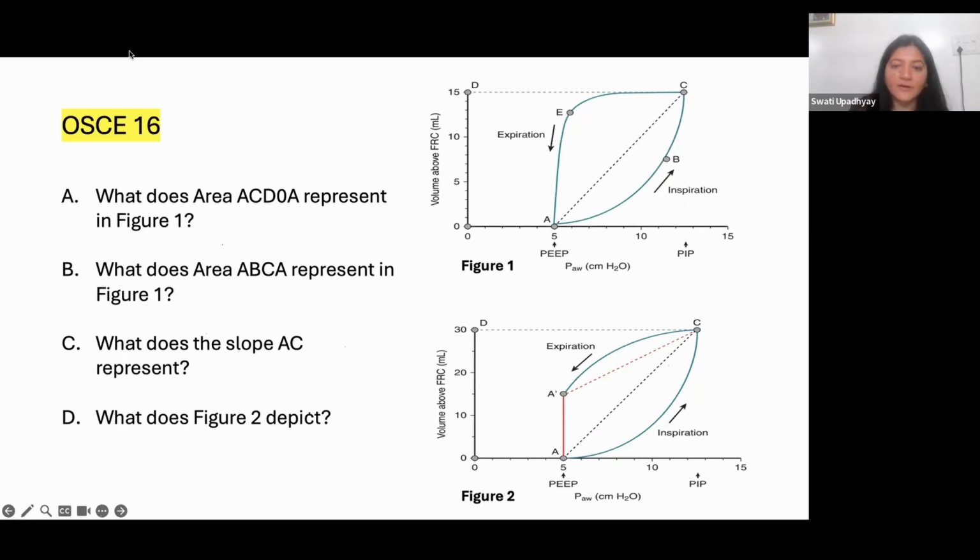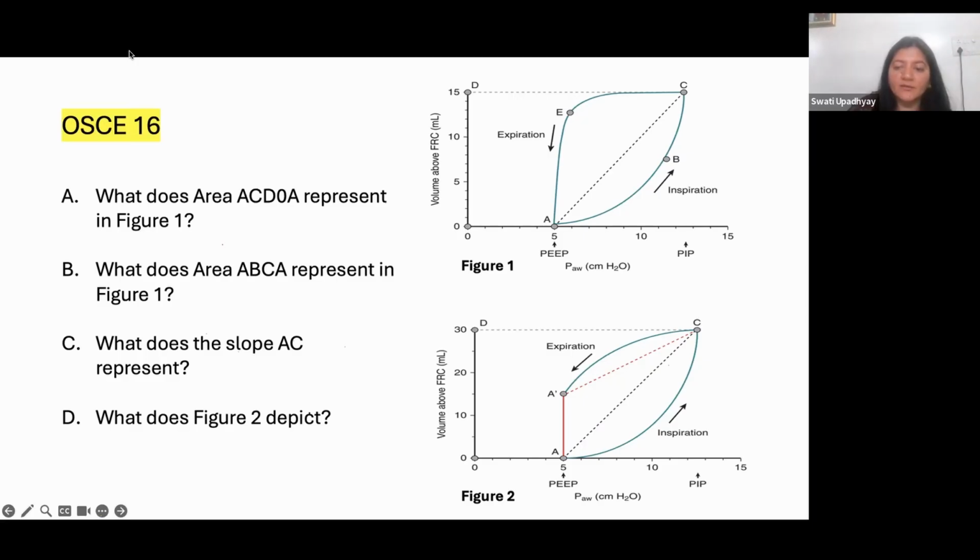Okay, work of breathing, but I have specified the areas of the graph, areas of the loop. So ABCA represents a different type of work of breathing and the other one a different one. Inflation point, no. Okay, so basically this is the PV loop as we all know. Work of breathing, figure 2 leak.